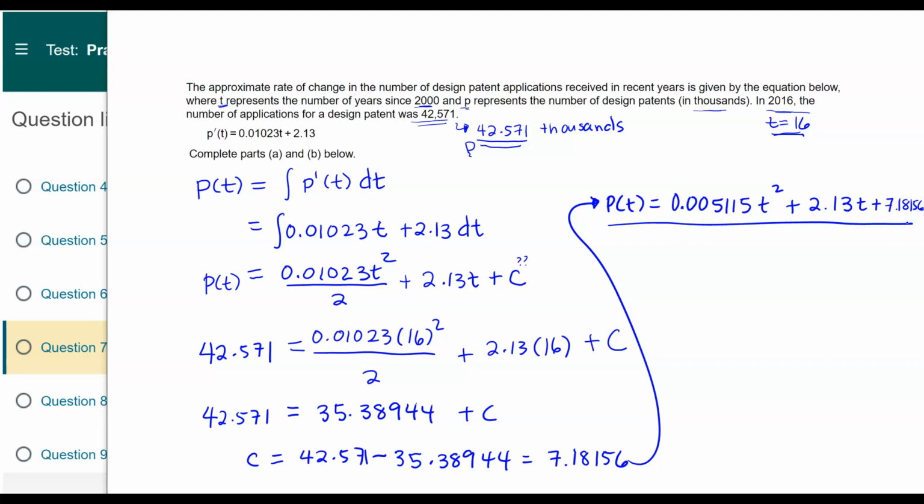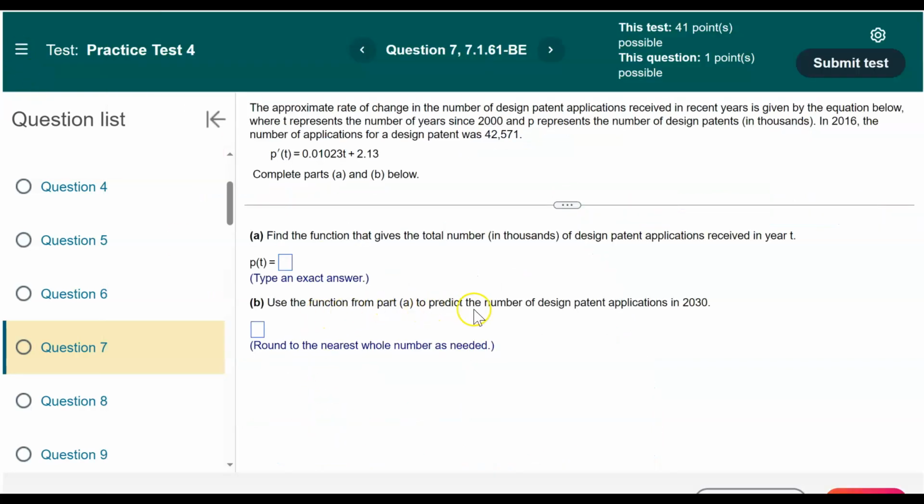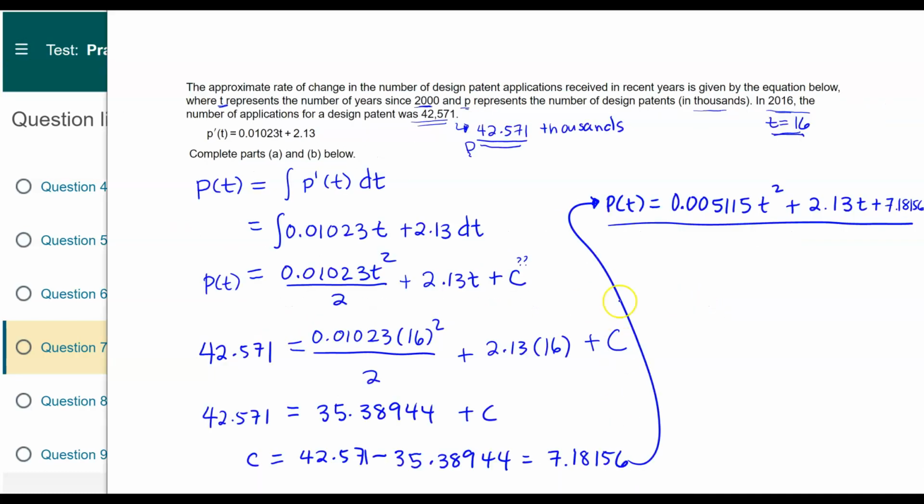Now for part B, we are to use the result, the P of t here, to estimate or predict the number of design patent applications in 2030. So what does that mean?